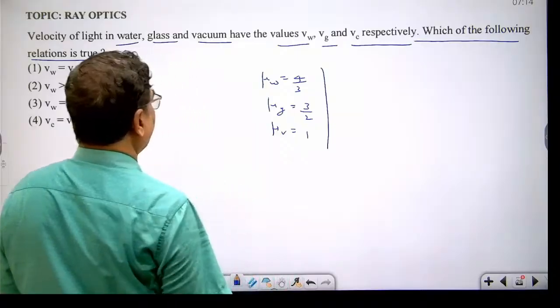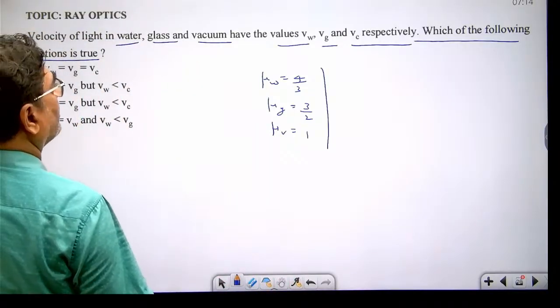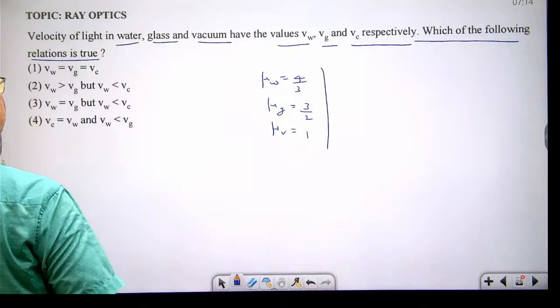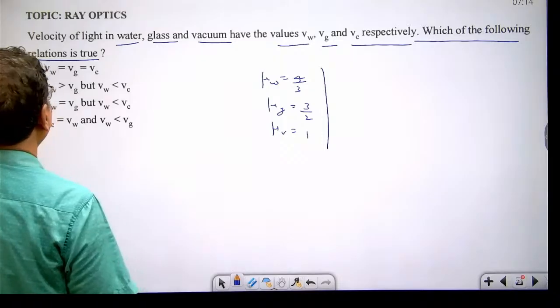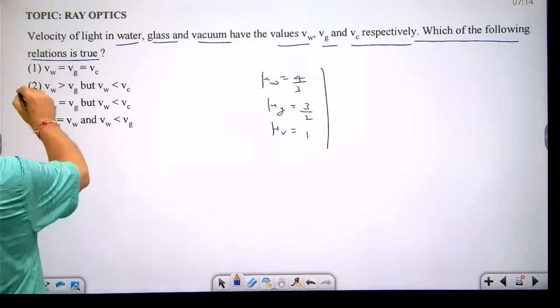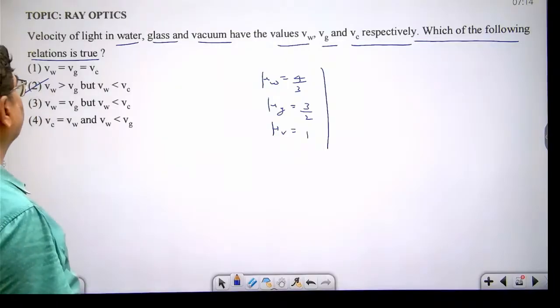So in vacuum velocity is highest, then water. Vc is greater than Vw and Vw is greater than Vg. This is the correct answer. Option 2 is the correct answer.